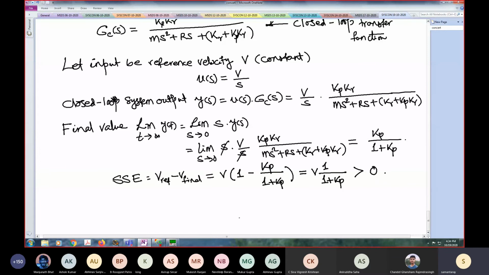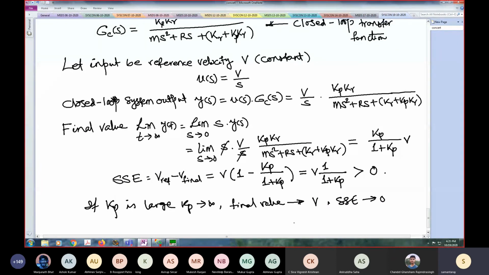One thing that you can see here, interesting, is if Kp is large, Kp tends to infinity, then the final value tends to B. Final value becomes B and the steady state error tends to 0. So if Kp is infinity, final value will be reached and steady state error will be 0.